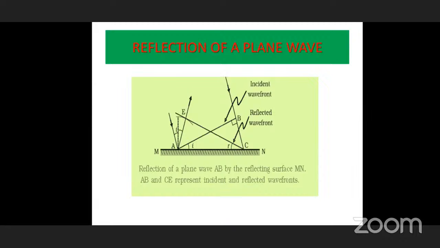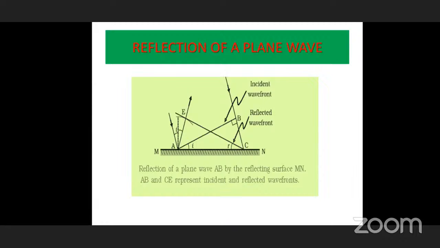Now coming to the lengths: what is the length of AE? AE is exactly equal to Vt, where V is the velocity of the wave in the medium. Similarly, what is BC? BC is also equal to Vt, velocity into time.